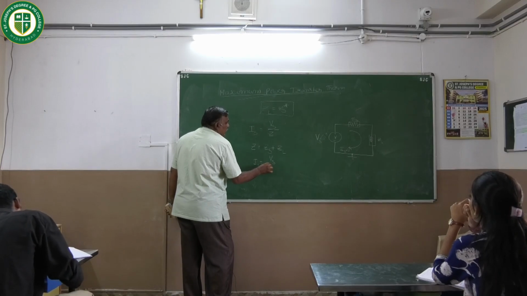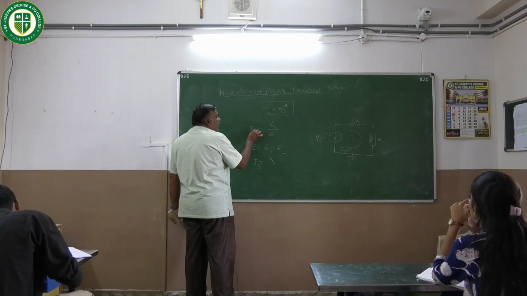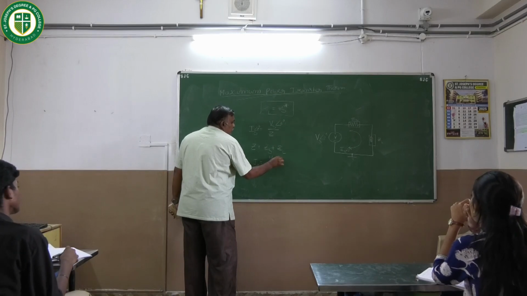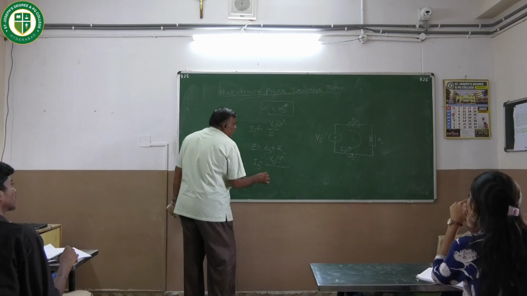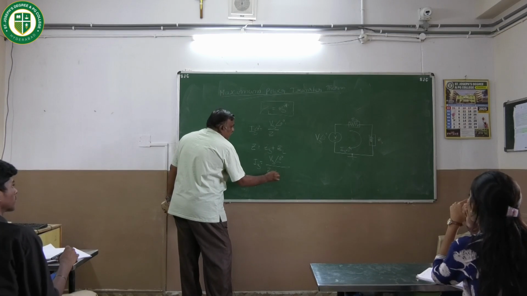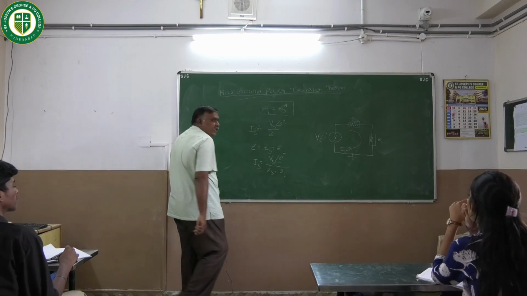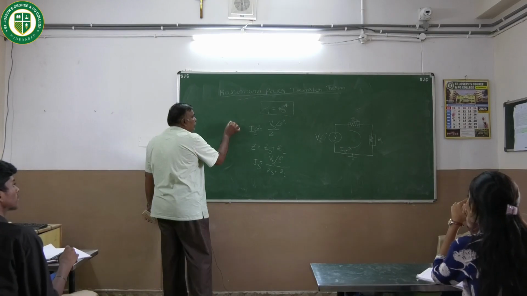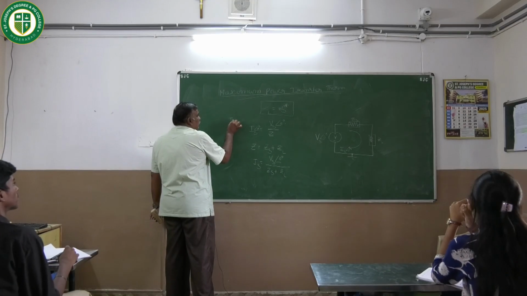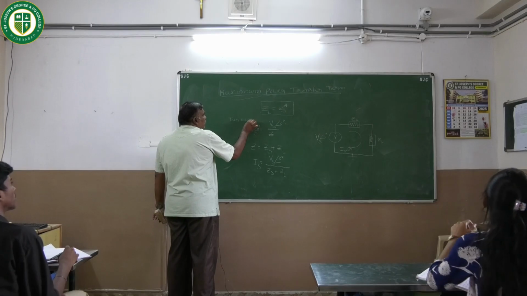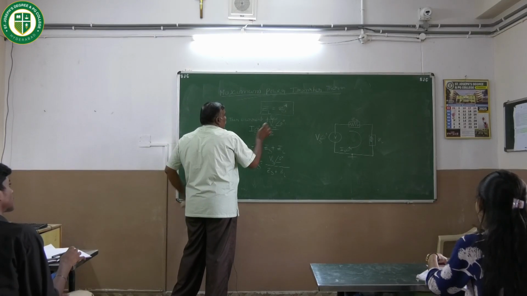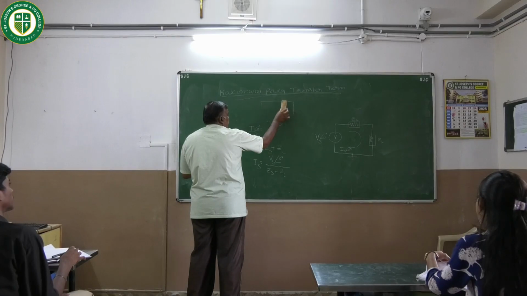So Is is equal to Vs, and here we are taking an angle of 0 degrees, because it is AC, by Zs plus Zl. Clear? So here the story is, wait a minute class.